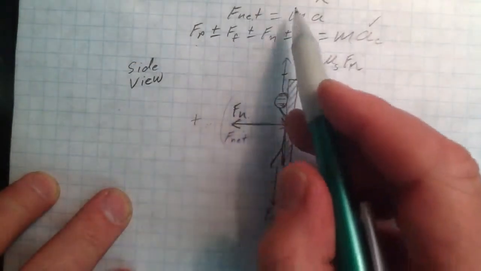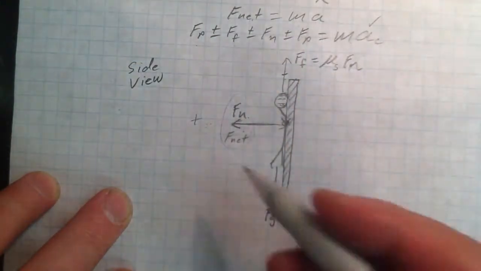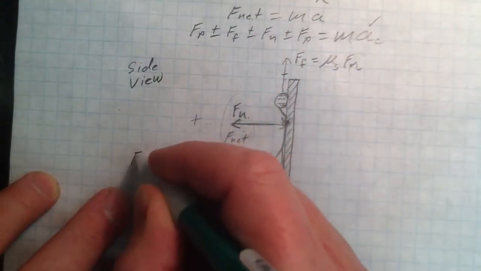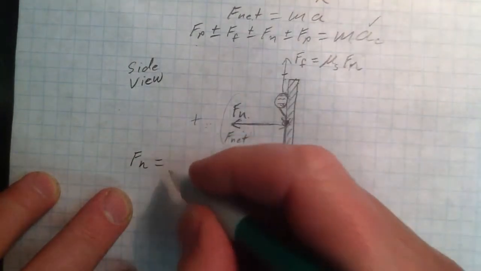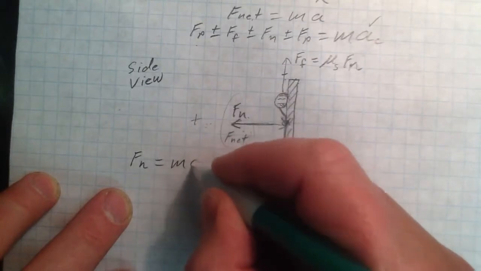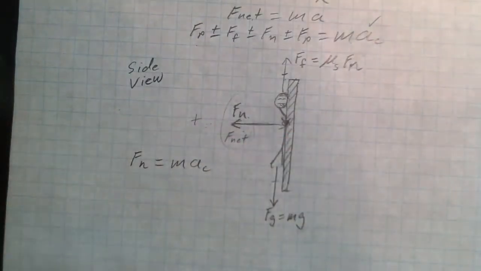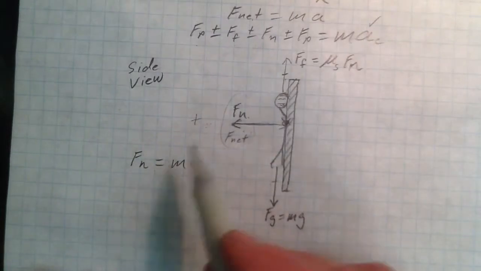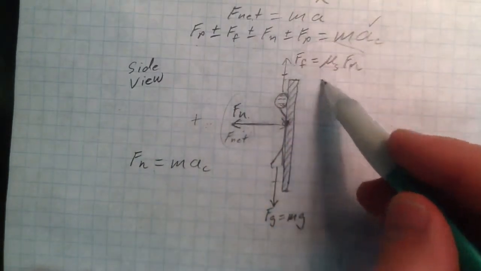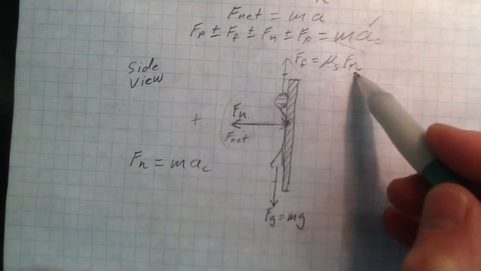So when I go to Newton's law, F net equals mass times acceleration, well, that means force normal is equal to my mass times my a sub c. Well, what can I say about force normal? Force normal has a relationship to friction, according to this.